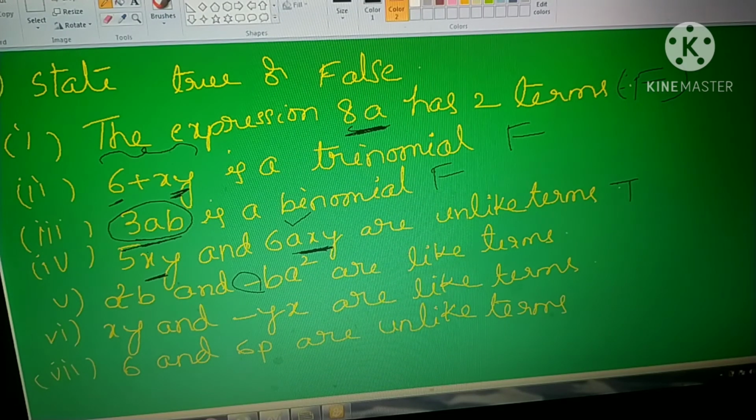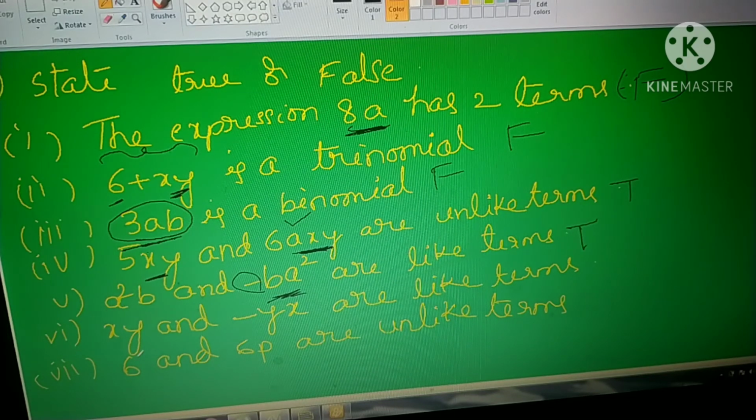You have to leave that sign part also. Only look for the variables. Understood? Though we have minus here, leave that one and check for the same variables. Here we have b a square, which is nothing but a square b only. So these two are like terms. Understood? So this is true.